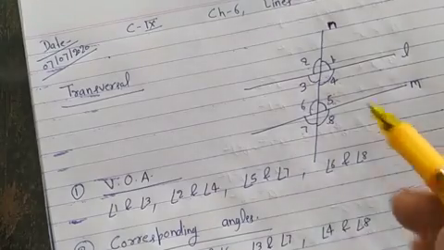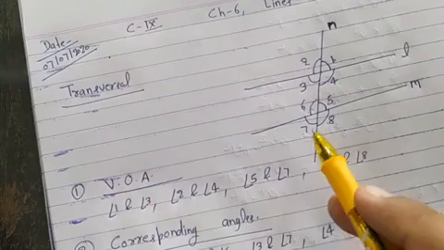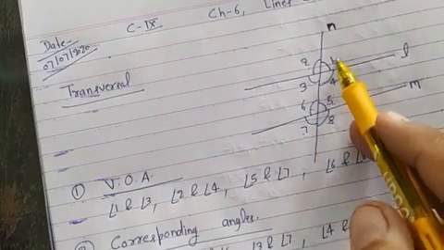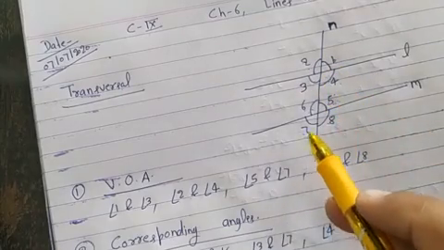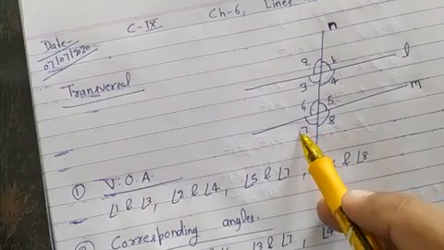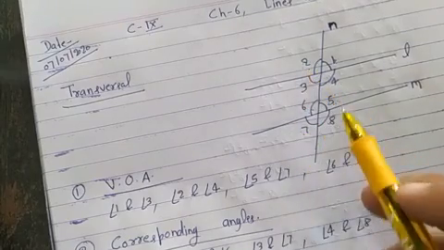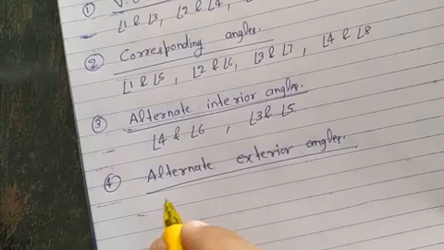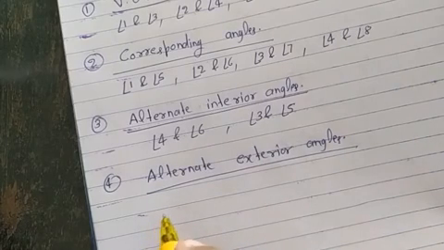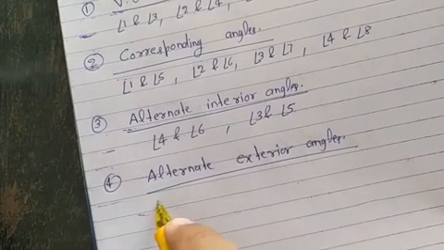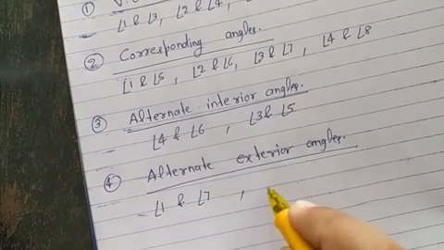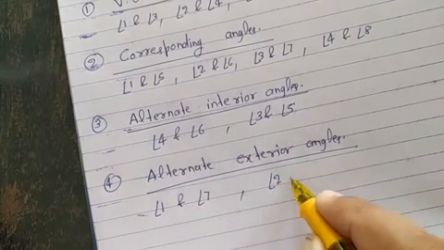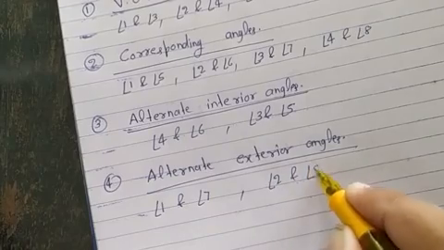So angle 1 and angle 7 are alternate exterior because angle 1 is on this side of the transversal and angle 7 is on this side of the transversal, as well as angle 2 and angle 8 are alternate. So write down the pairs: angle 1 and angle 7, and next pair is angle 2 and angle 8.